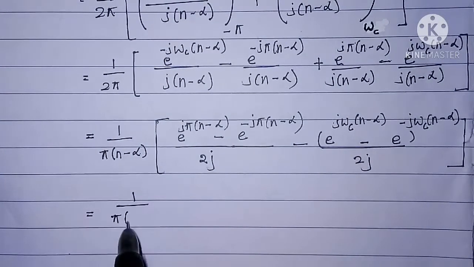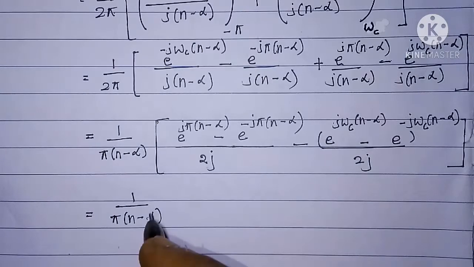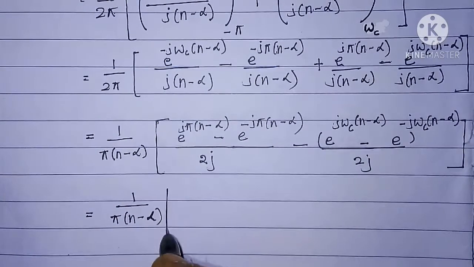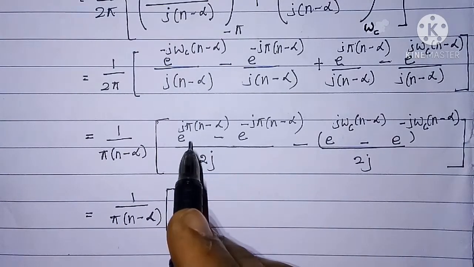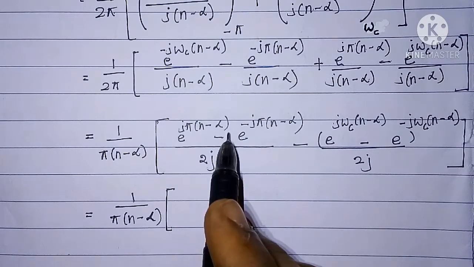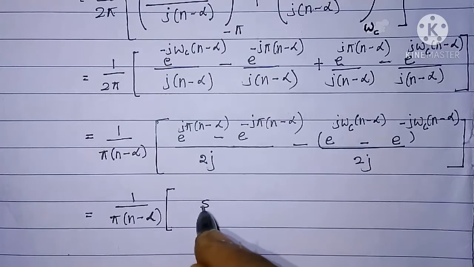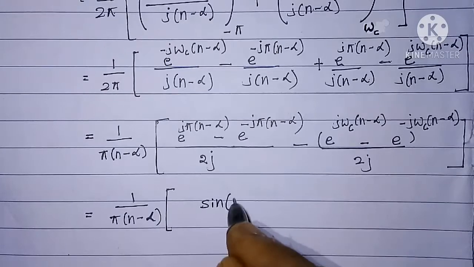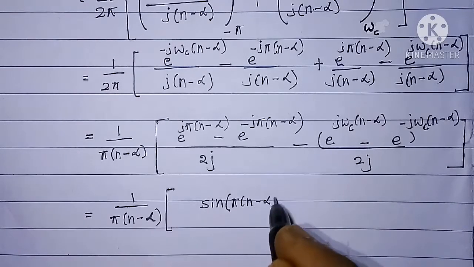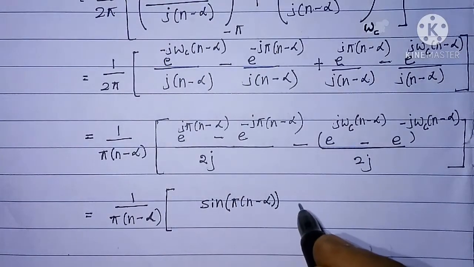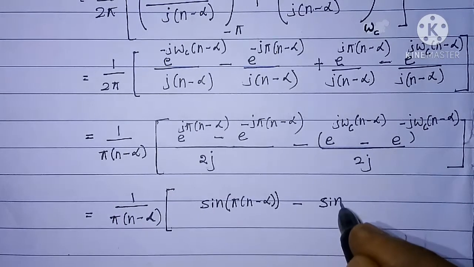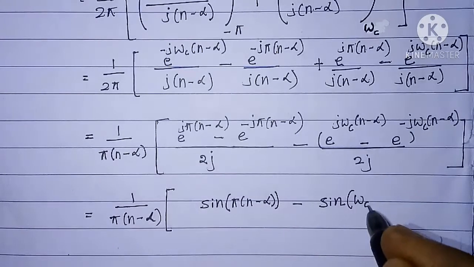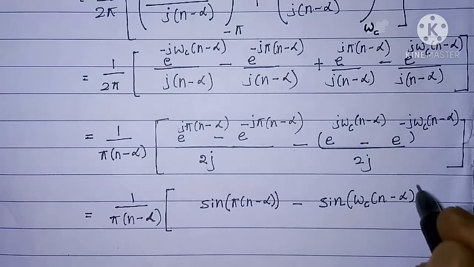One upon pi into the bracket n minus alpha into. Now we will write this as sine of pi into the bracket n minus alpha minus sine of omega c into the bracket n minus alpha.